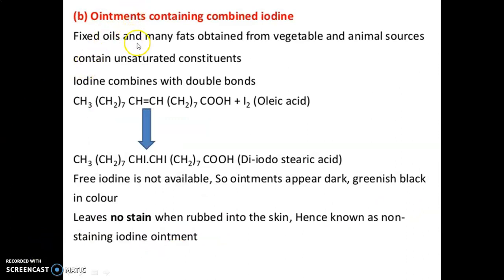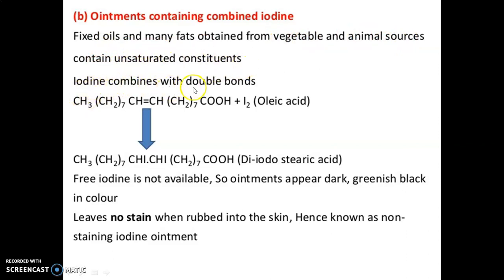Then ointments B, that is ointments containing combined iodine. The fixed oils and many fats obtained from vegetable and animal sources contain unsaturated constituents.